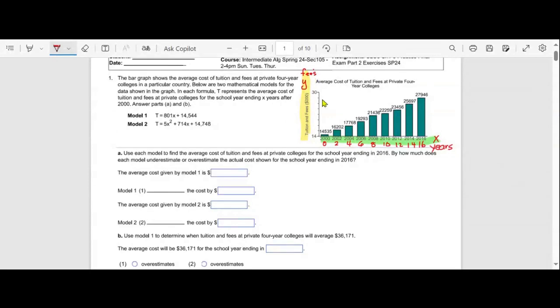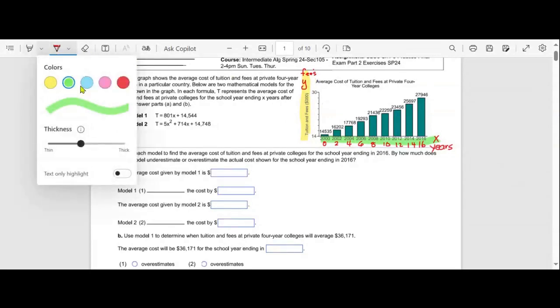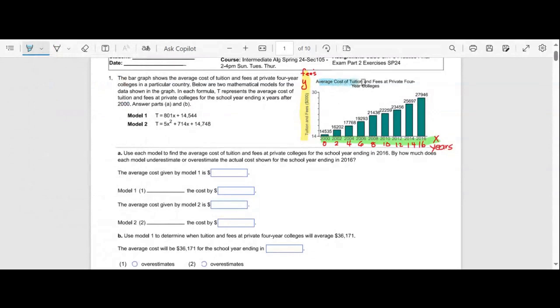Now, if you take a look at the title, what does the title say here? Who can tell me the title? The average cost. Yes, the average cost, correct. The average cost for attending a private four-year college, right?